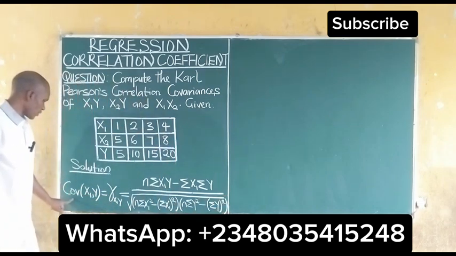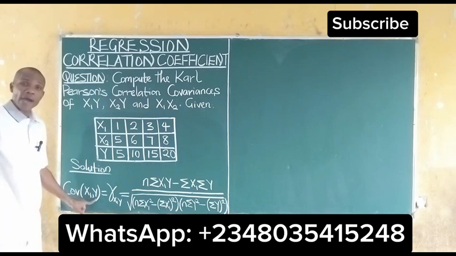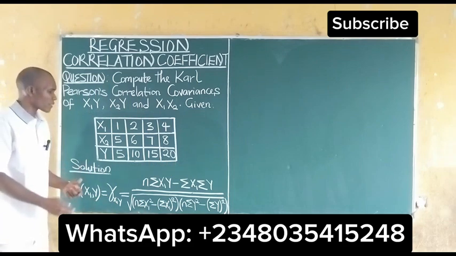So this is the covariance of x1y. This is how we can obtain it.